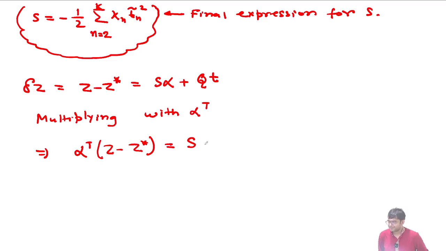And alpha is my transformed coordinate. So it's a projection onto the transformed coordinate. It's the first component of that vector. It's very simple. I have a vector a i cap plus b j cap plus c k cap. If I do a projection with i cap, what will I get? A. If I do an inner product with j cap, I will get b. If I do an inner product with k cap, I will get c.